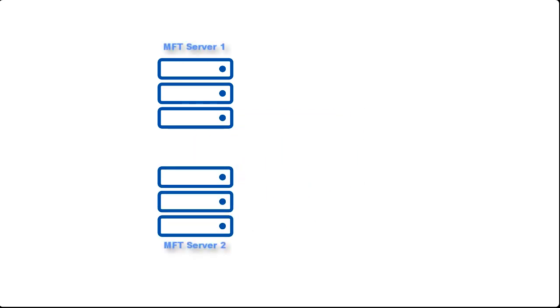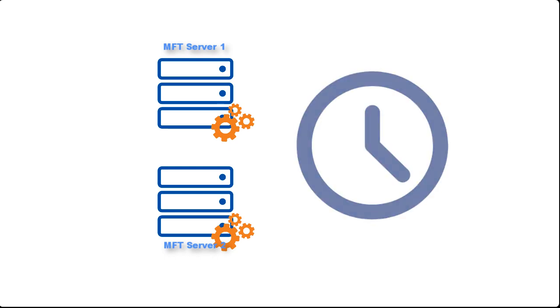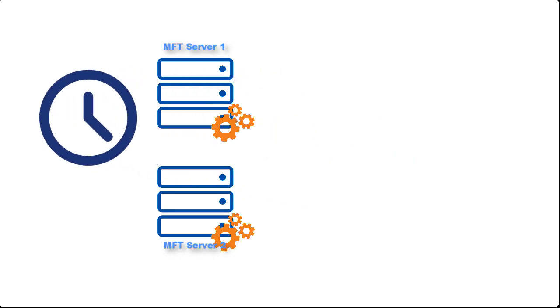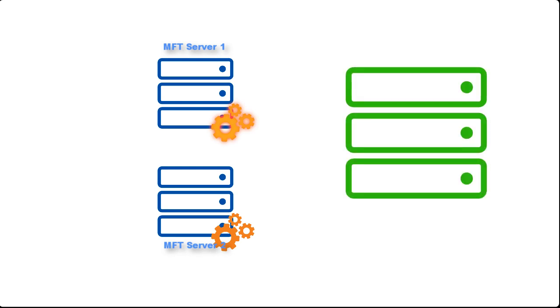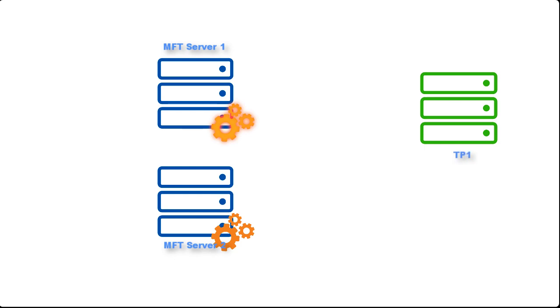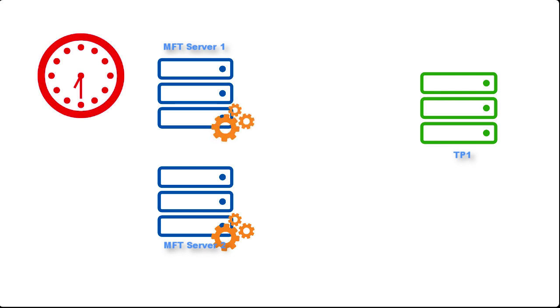The problem with having time-based triggers in active HA configurations of MFT Server is that once the scheduled time arrives, both triggers will execute. So let's say you have a trigger on MFT Server 1 that's scheduled to send out a file to a trading partner named TP1 at 7:32 a.m. every day. The moment the clock strikes 7:32 a.m., MFT Server 1 will transmit the file in question to TP1.